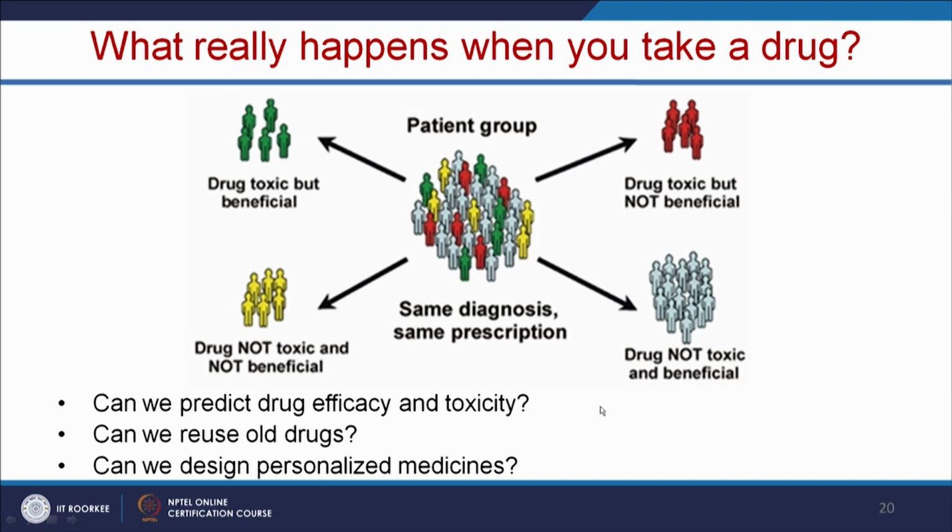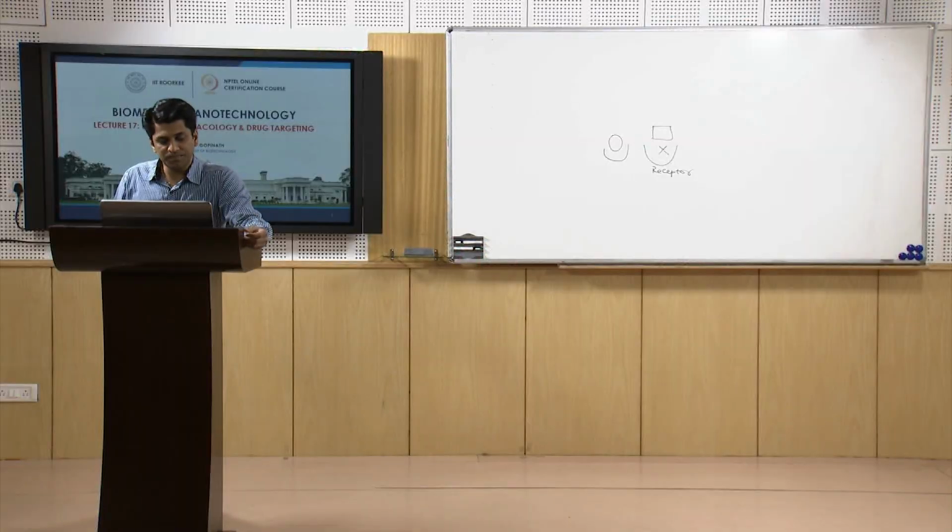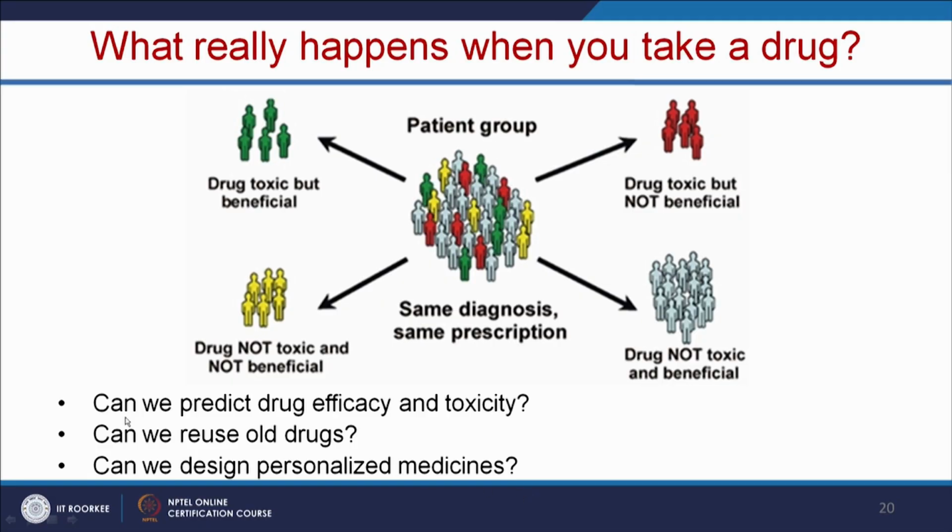So, we have to study the effect of the drug on different patient groups before we take it to commercial application. Here the question is, can we predict drug efficacy and toxicity, can we reuse old drugs, or can we design personalized medicine for the particular patient's need?